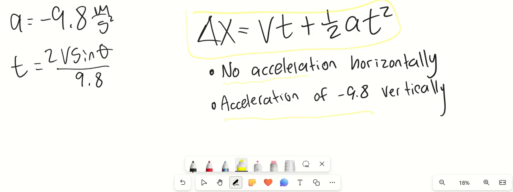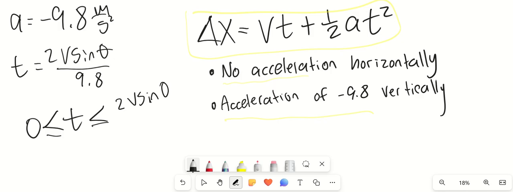Now I have to restrict the time that I can use for my models. I know that my time has to be greater than or equal to 0 seconds, and it has to be less than or equal to my total time, so less than or equal to 2v sine theta over 9.8.